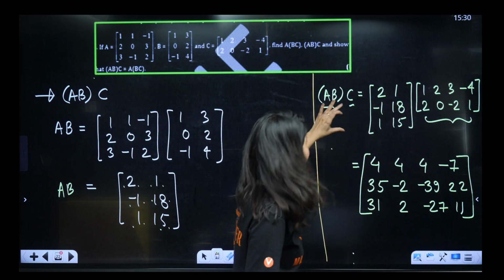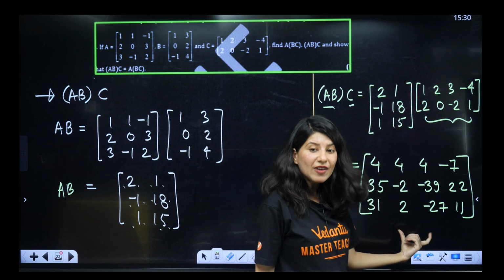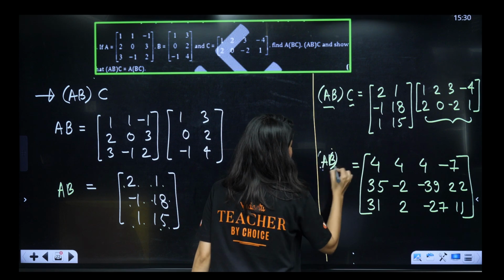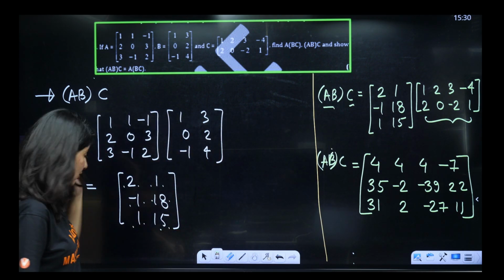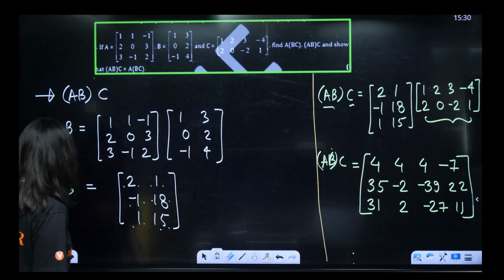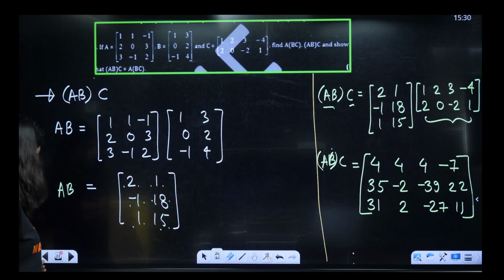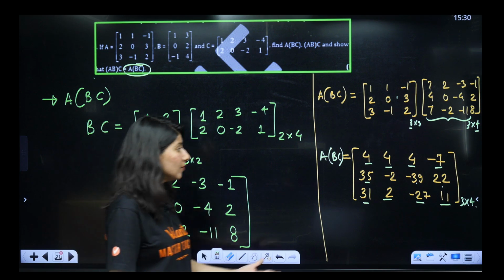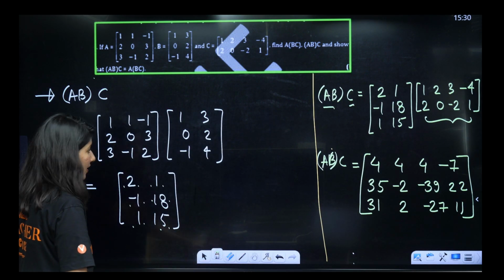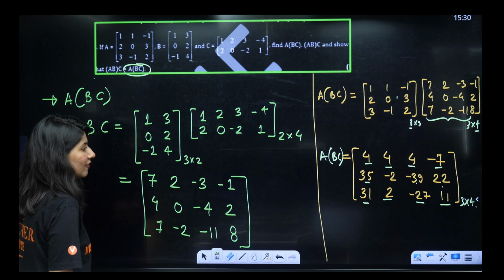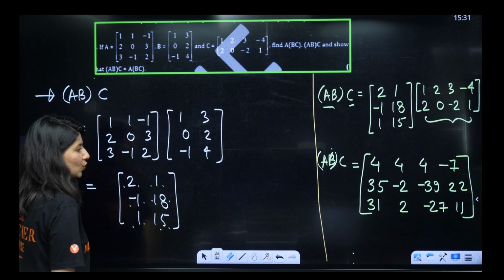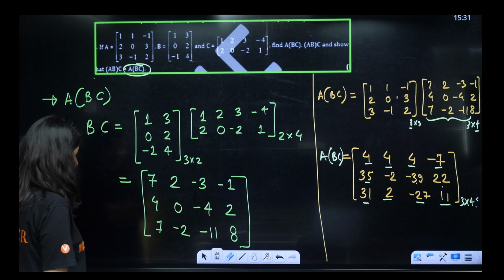Right? Now again you have to multiply these two matrices, and finally what you are going to get is AB, C. Now if you just check, this is your AB, then C, and this is your A, then BC. Can you see these two matrices are exactly same? 444 minus 7, 35 minus 2 minus 39, 22 as it is. 31, 2 minus 27, 11 as it is.